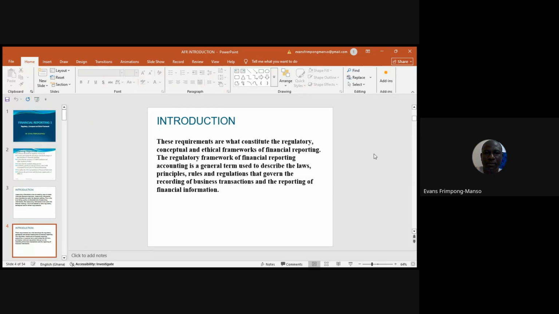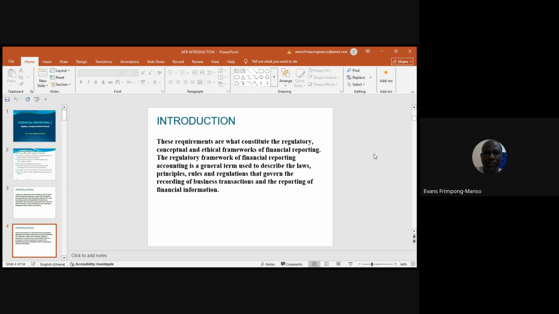Let me take that again. When you say the regulatory framework, we are talking about the laws, the principles, the rules, and regulations that govern how business transactions are recorded and how these records translate into the preparation of the financial statements. That is what we term the regulatory framework.